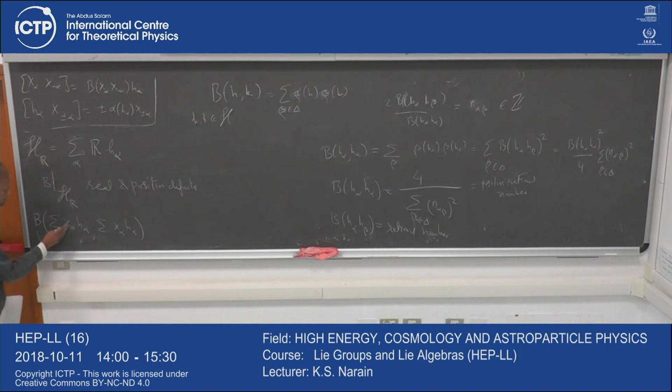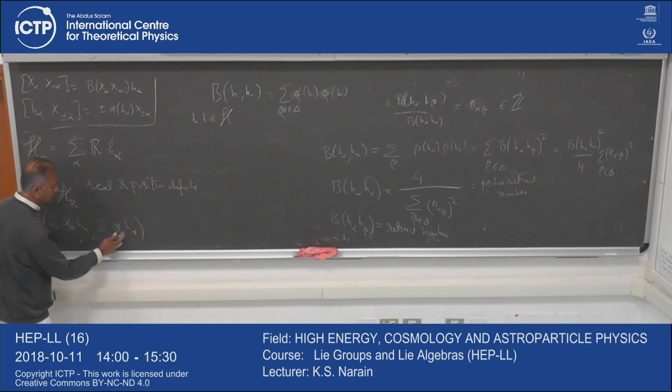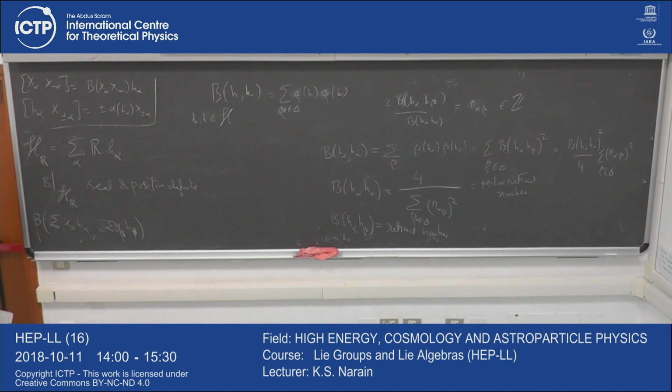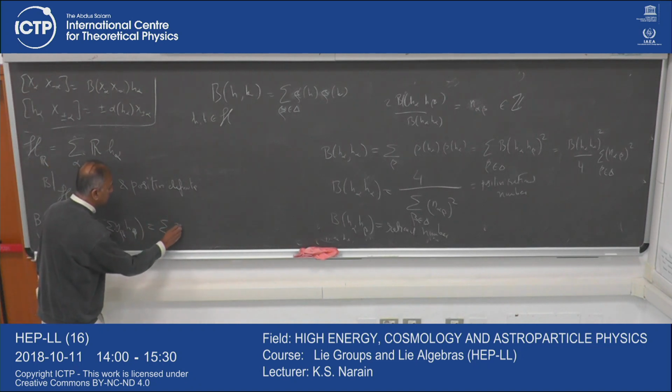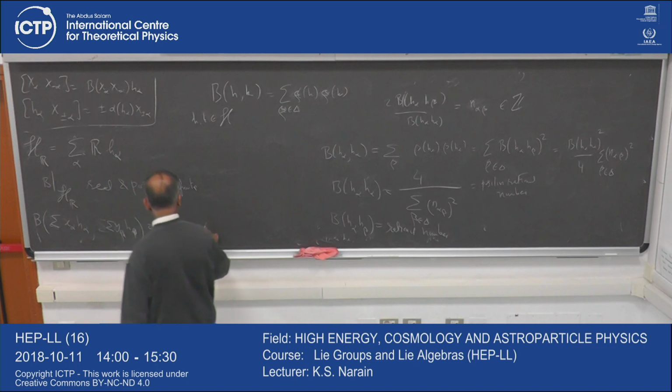First of all, just take any arbitrary two elements like this, some x_alpha H_alpha and some y_beta H_beta. Then you can open it up, because these are linear objects. So this is going to be the sum of x_alpha y_beta, alpha, beta belonging to the roots, and B of H_alpha, H_beta.